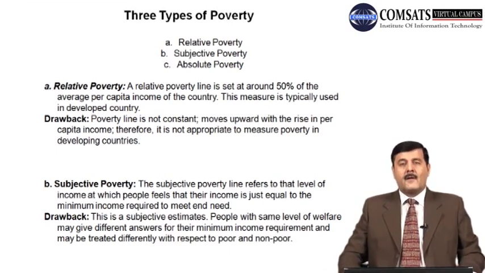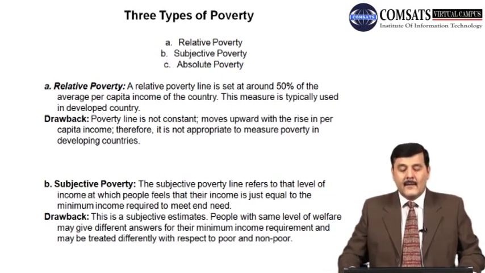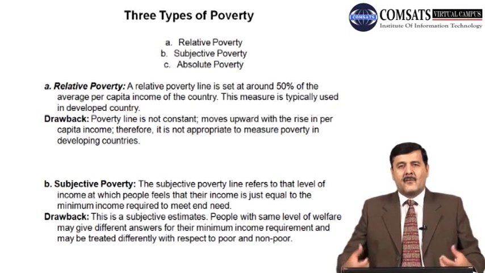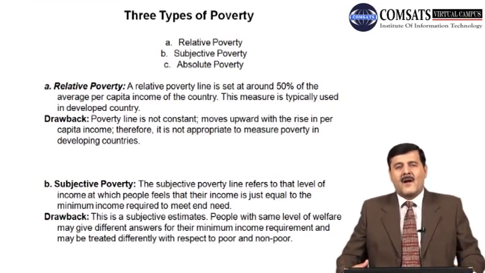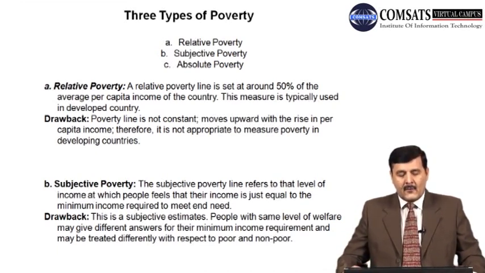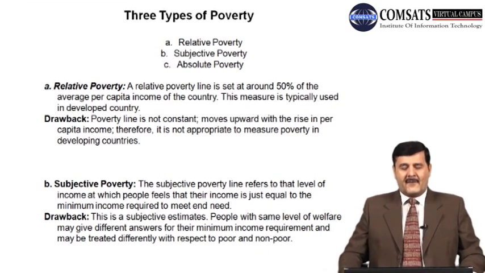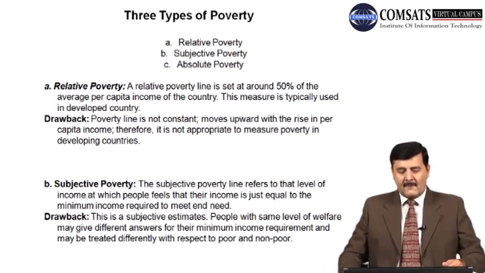So now we'll know what is the subjective poverty. The subjective poverty line refers to that level of income at which people feel that their income is just equal to the minimum income required to meet their needs, right? So people say that this is the income which is required to meet the minimum requirement of our daily needs. The drawback of this subjective definition is that it is very subjective.